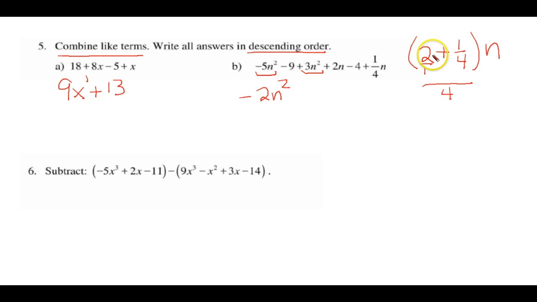So I have to multiply this by 1 in the form of 4 over 4. So this becomes 8/4 plus 1/4, which makes it 9/4 n. And that's what I put here in my second term in descending order.